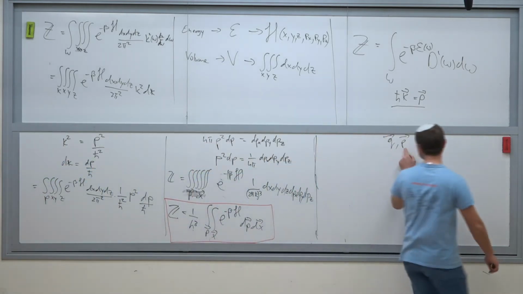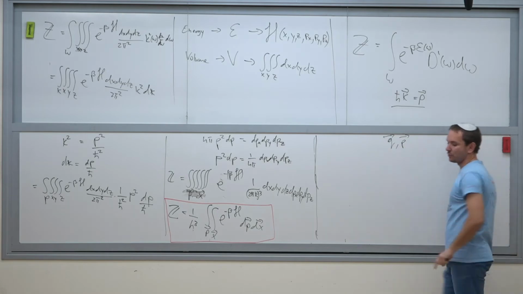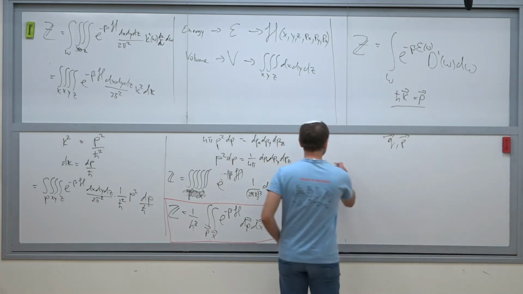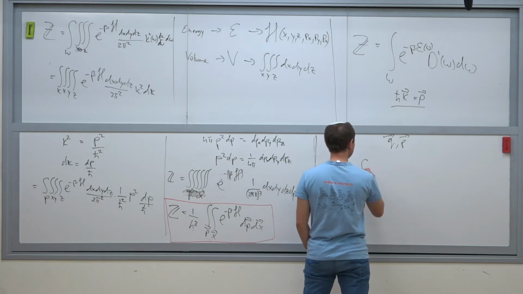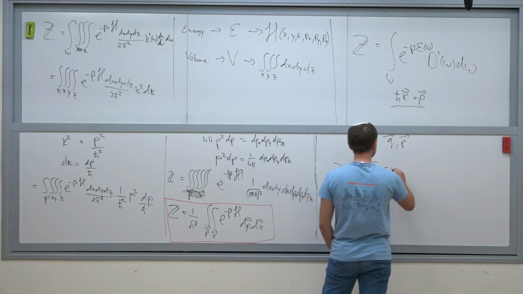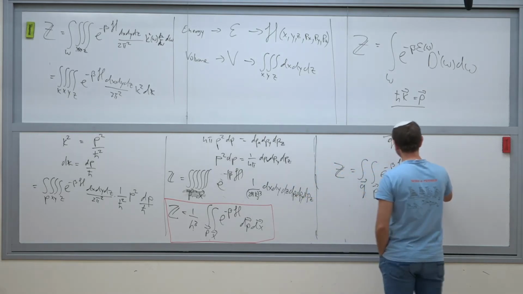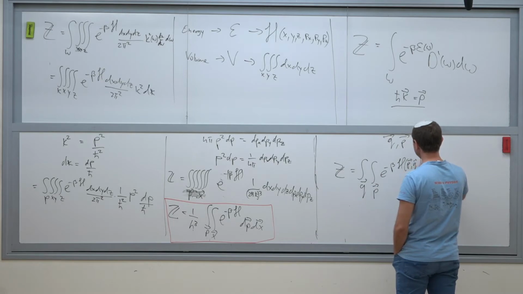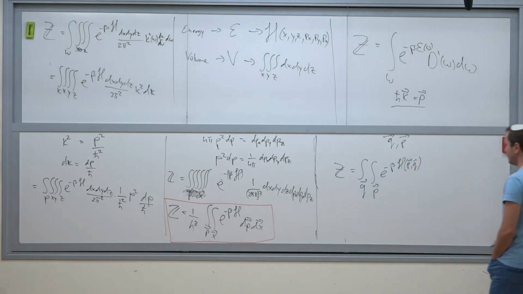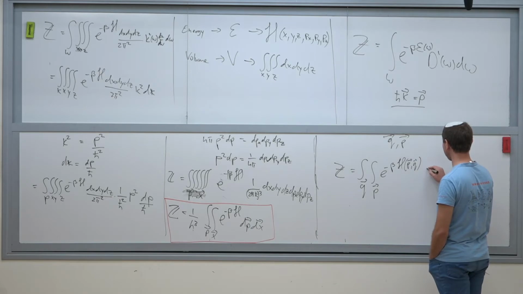P's are the momenta associated with those coordinates from the Hamilton equations, and we obtain that Z equals integral over q, integral over p, e to the minus beta H of p and q in general. And here we have the product over j of dpj, dqj, divided by h to the power of 1/2.